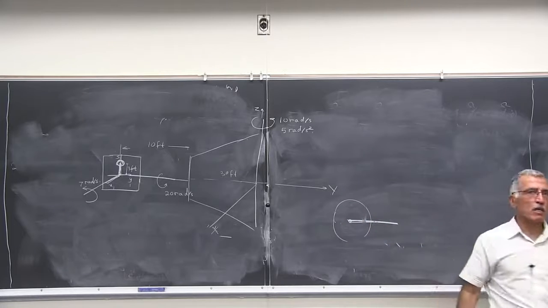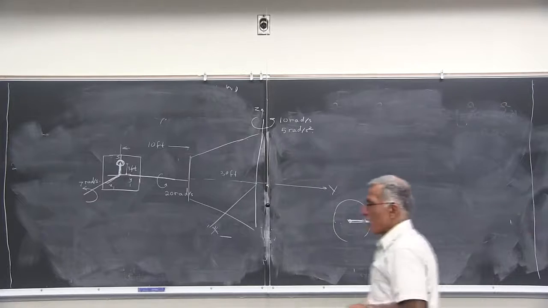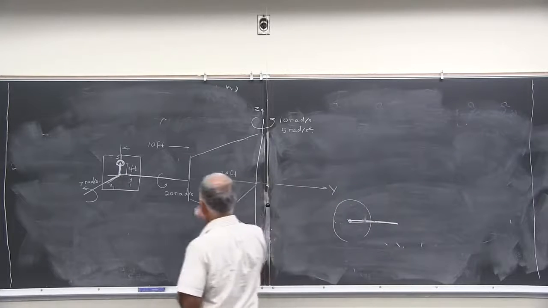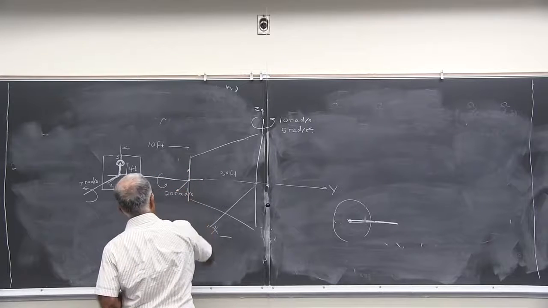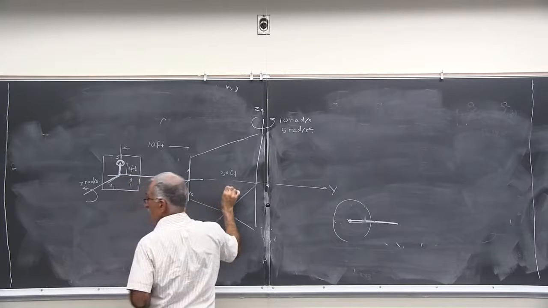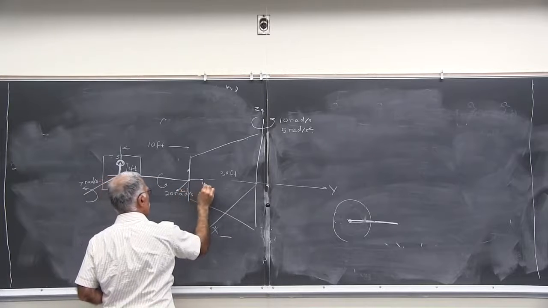This is attached to the cabin. Very important to understand where it is attached. So that's one auxiliary reference frame. Let's attach another auxiliary reference frame right here, to this one, which is attached to this arm. Let's call this one X2, Y2, Z2.